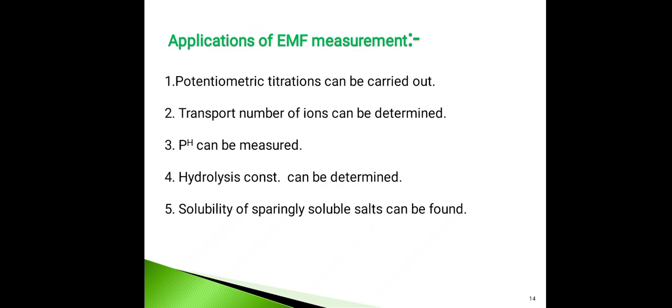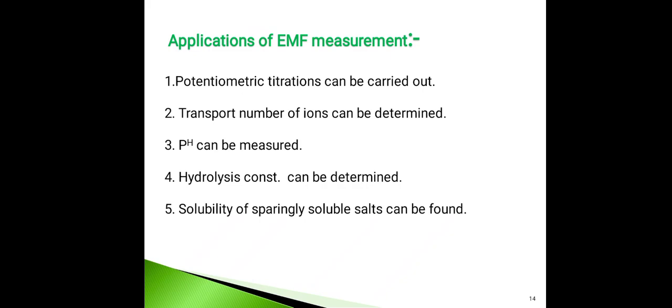Once we get the null point, we will stop the experiment, note down the distance and mark it as D. Next we will detach the standard cell with known EMF, and connect the unknown cell whose EMF we need to find out.